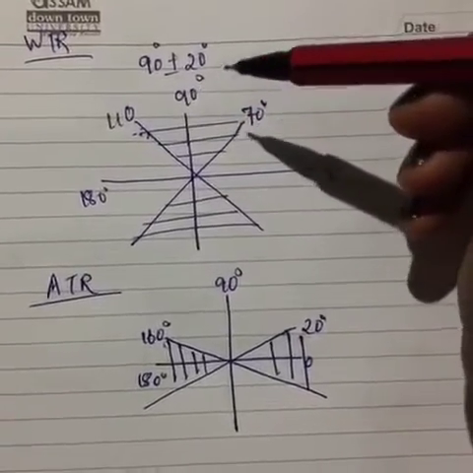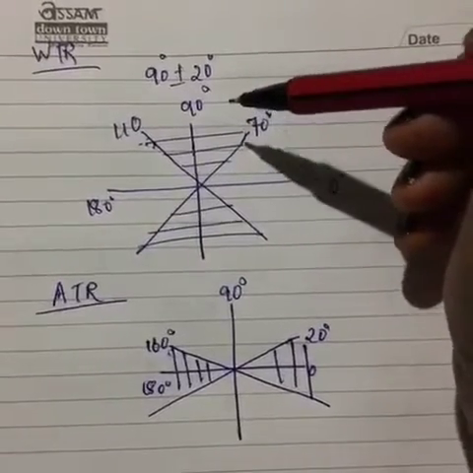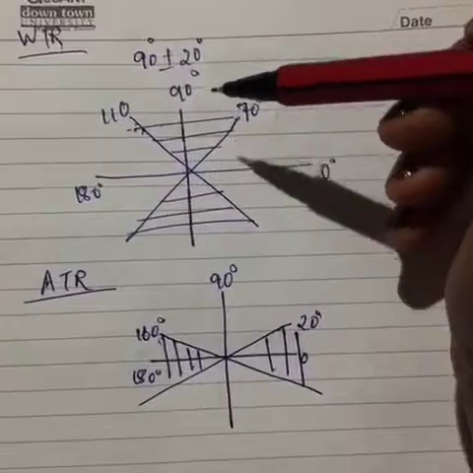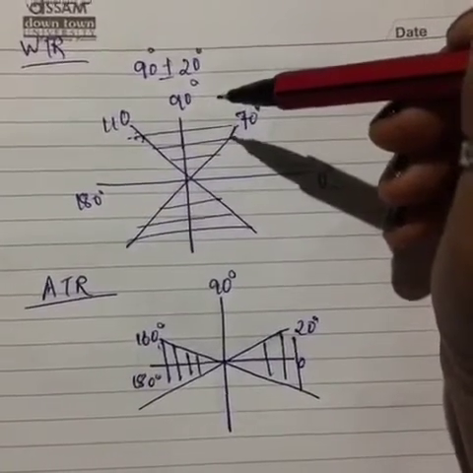If the axis remains between 70 and 110 degrees, and it is the greatest refractive power, then that astigmatism will be considered as with-the-rule astigmatism.